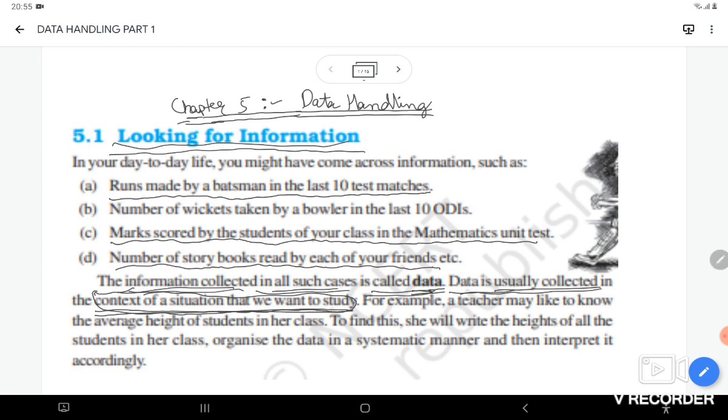So let's see the different types of information that we are going to encounter in this chapter. In day-to-day life, we come across information such as runs made by a batsman in the last 10 test matches, number of wickets taken by a bowler in the last 10 ODIs, number of story books read by each of your friends, and much more.